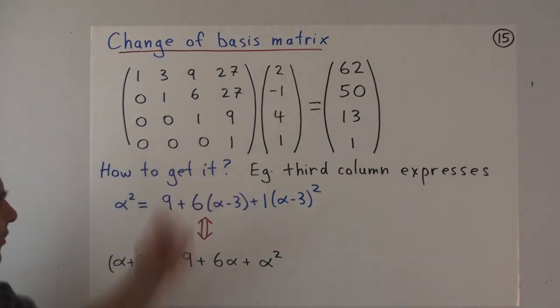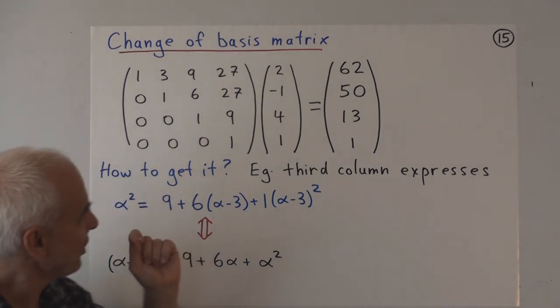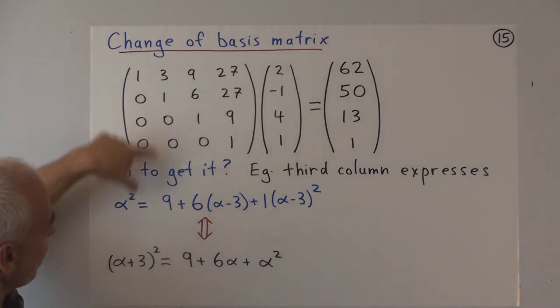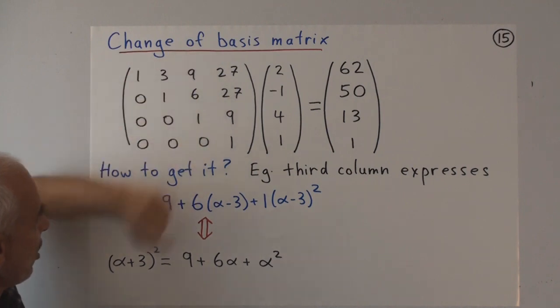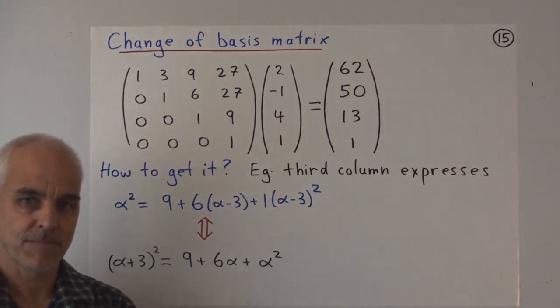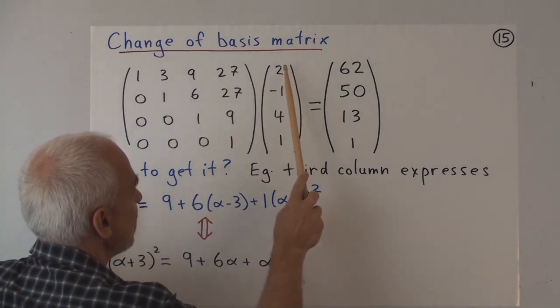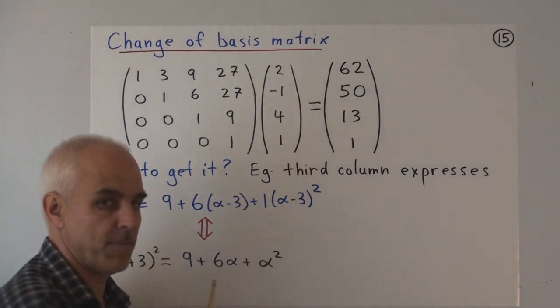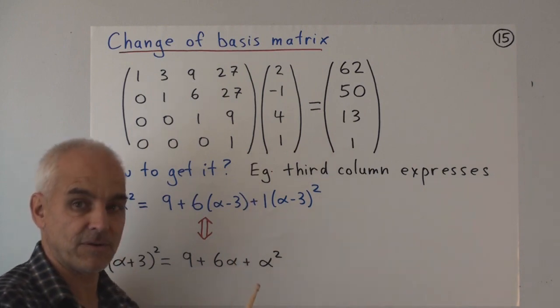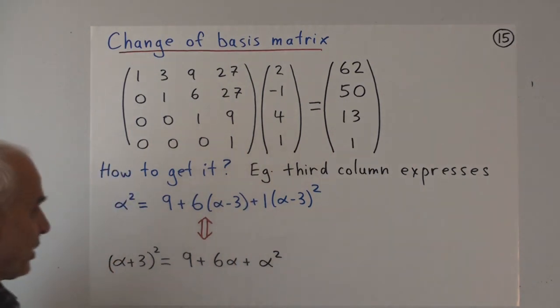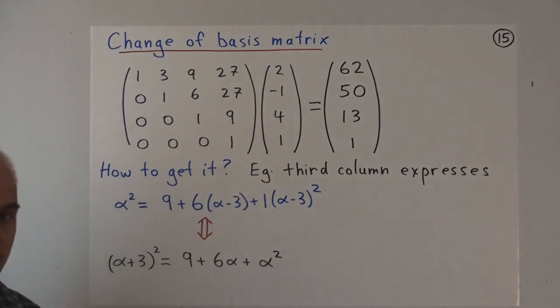Now, how did I get this matrix? Well, just think about the columns here. Let's say with the third column. How do you get that third column? That third column is obtained by just applying this matrix to 0, 0, 1, 0, the third basis vector. The third basis vector is alpha squared.